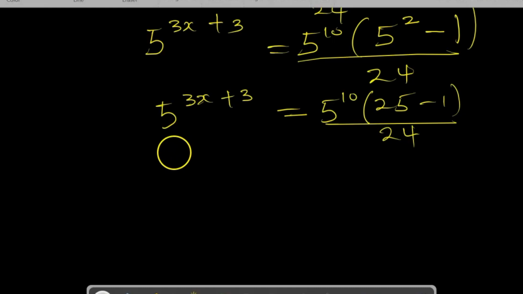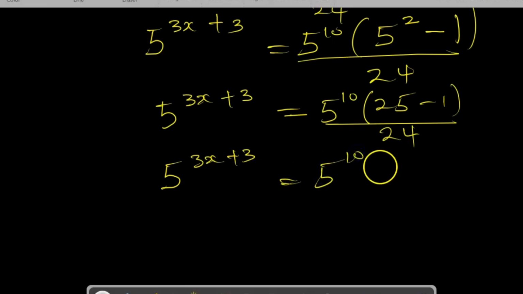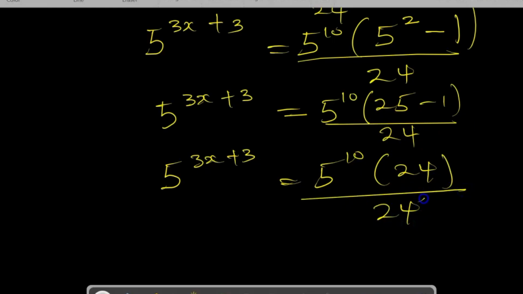So we have 5 raised to the power of 3x plus 3 equal to 5 raised to the power of 10 into 24, because 25 minus 1 is 24, everything over 24. This 24 in my denominator cancels the 24 in the numerator.